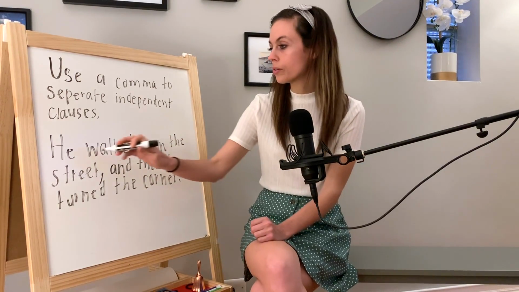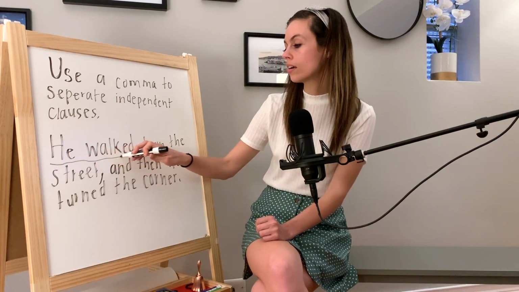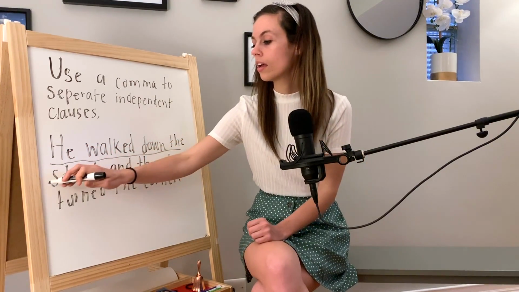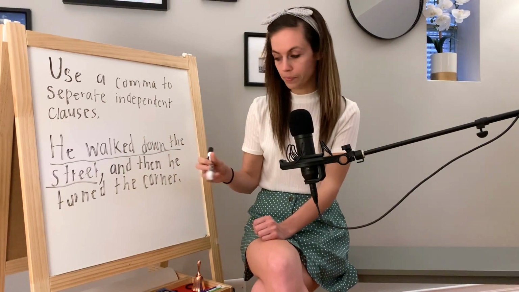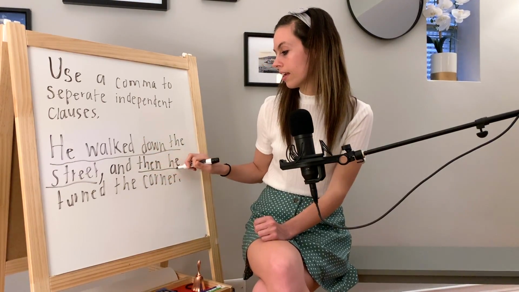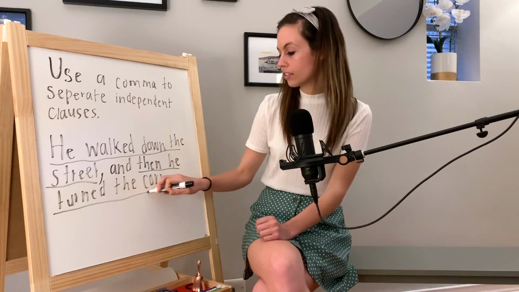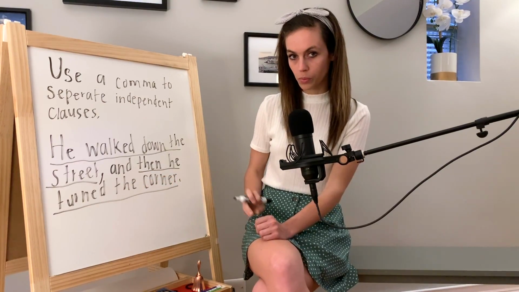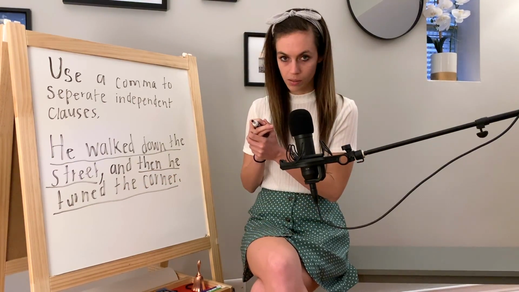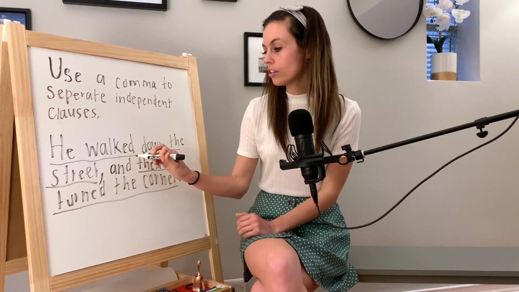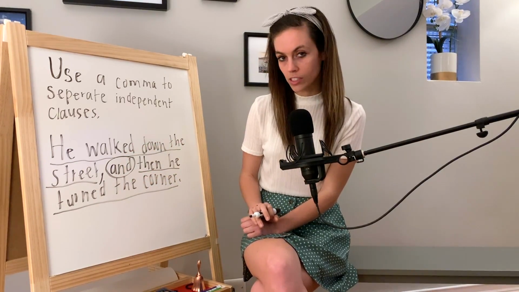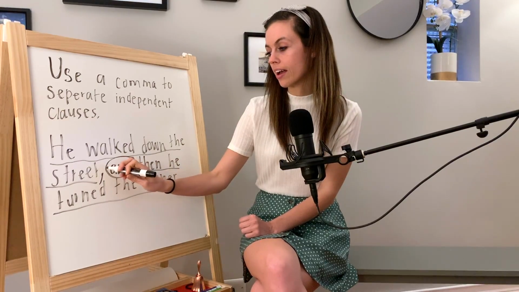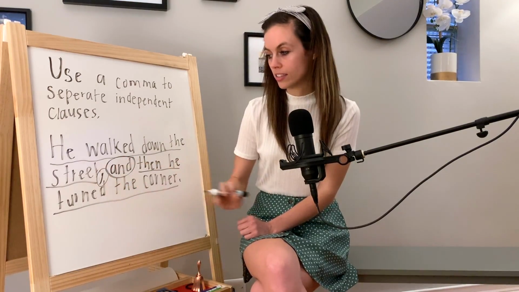Okay, so this would be one independent clause or one complete idea. And then he turned the corner. So when we put 2 independent clauses together using a conjunction like and, yet, but, or so, we're going to want to add a comma before that.